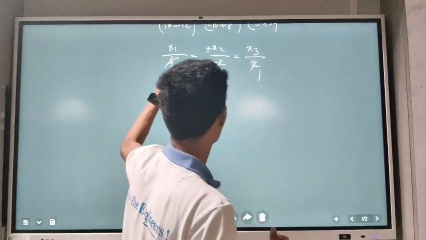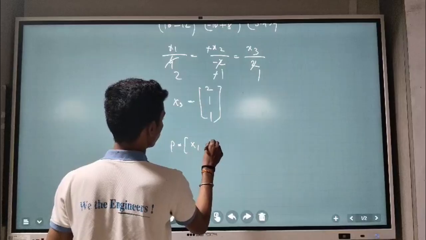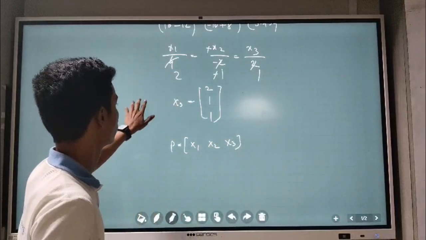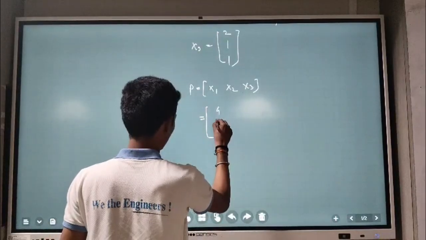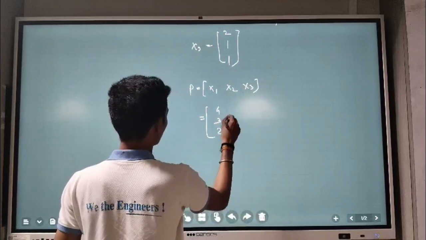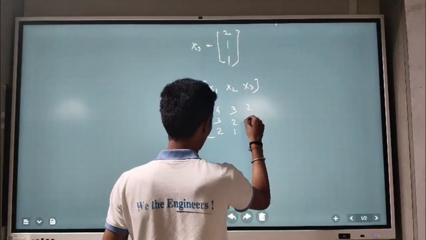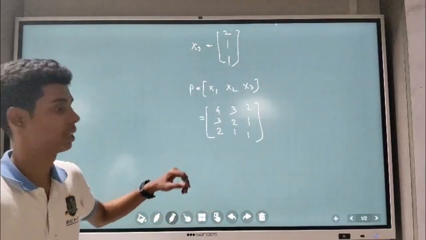Then we take P equal to the bracket of x1, x2 and x3, and write the matrix as 4 2 4, 3 2 3, 2 1 2, 1 1. Then we solve the diagonalization.